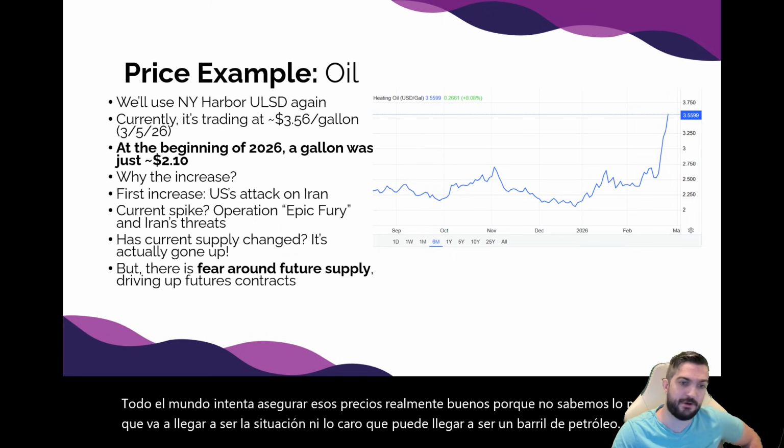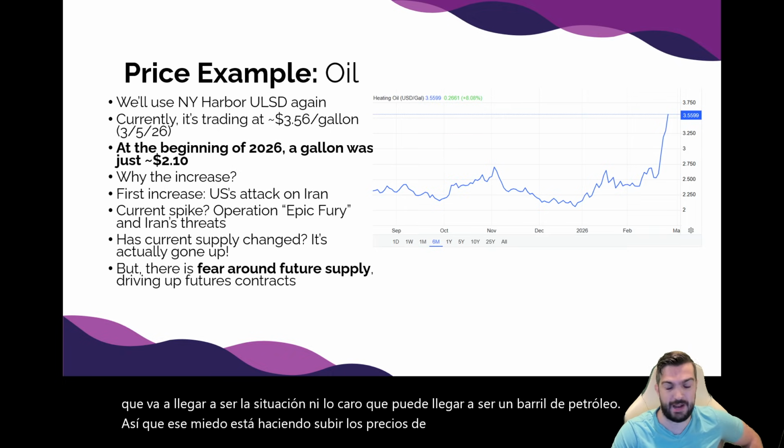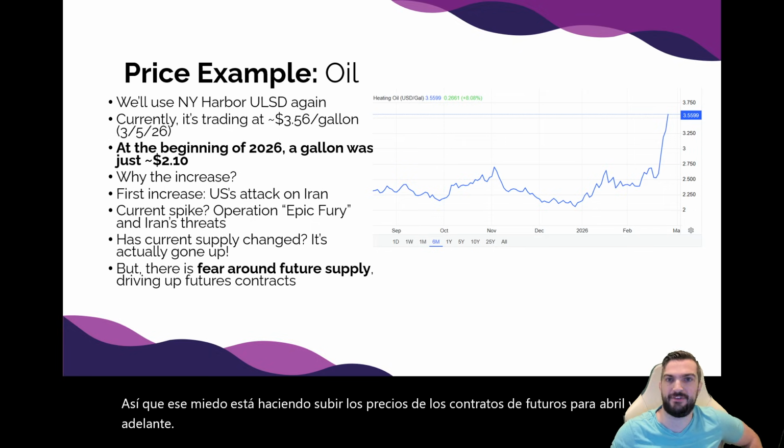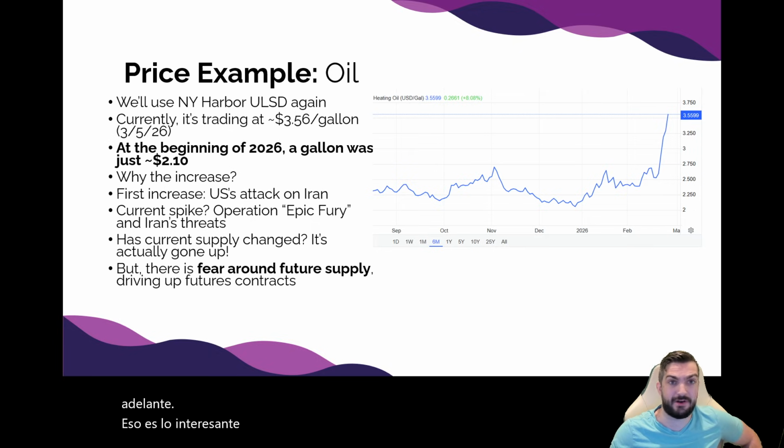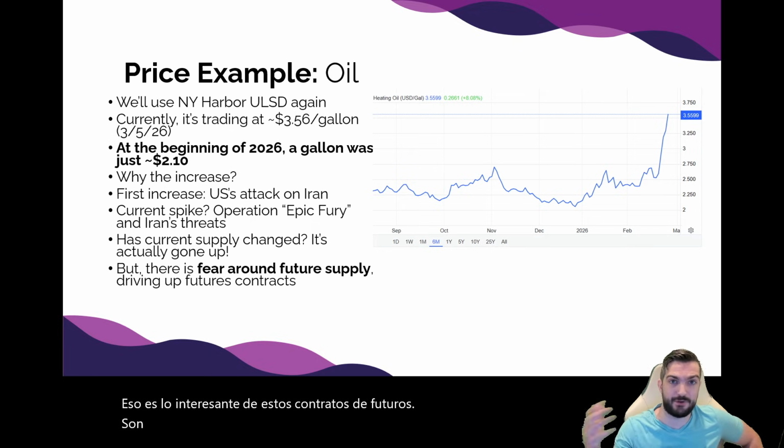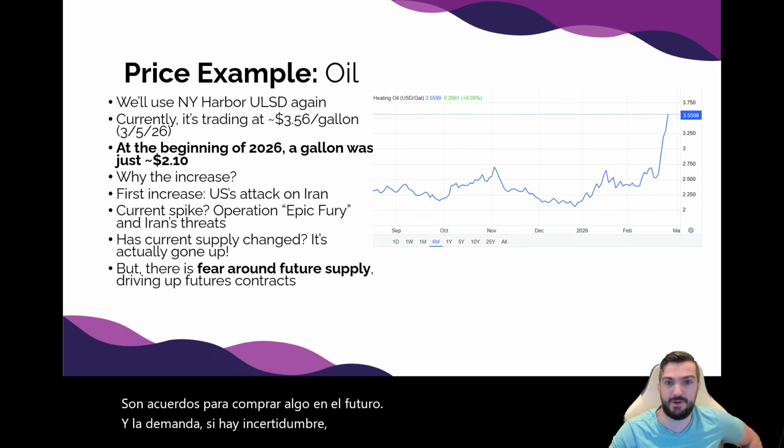So that fear is driving up the prices of futures contracts for April and later. That's the interesting thing about these futures contracts. They are agreements to buy something in the future, and demand, if there's uncertainty, is going to skyrocket because everyone wants to get that order in right now.